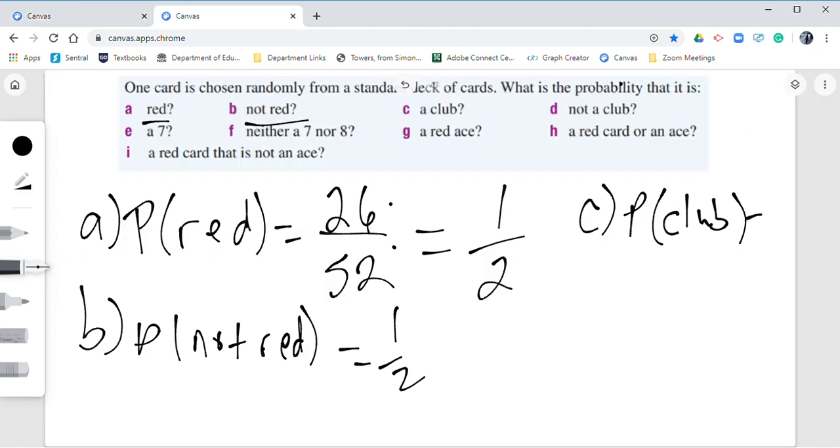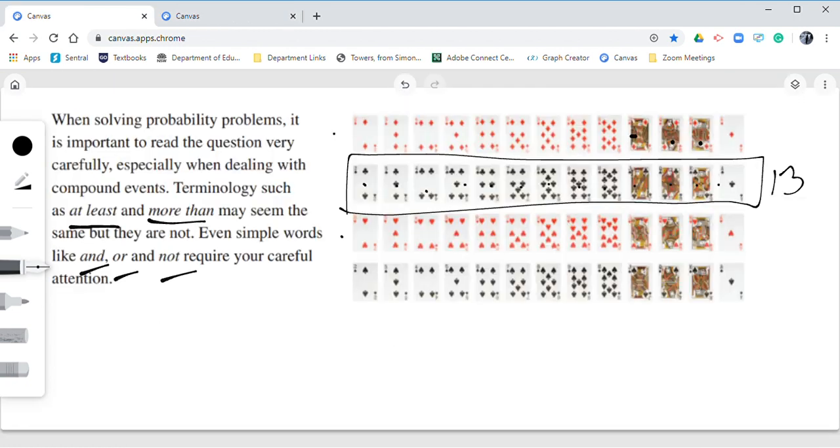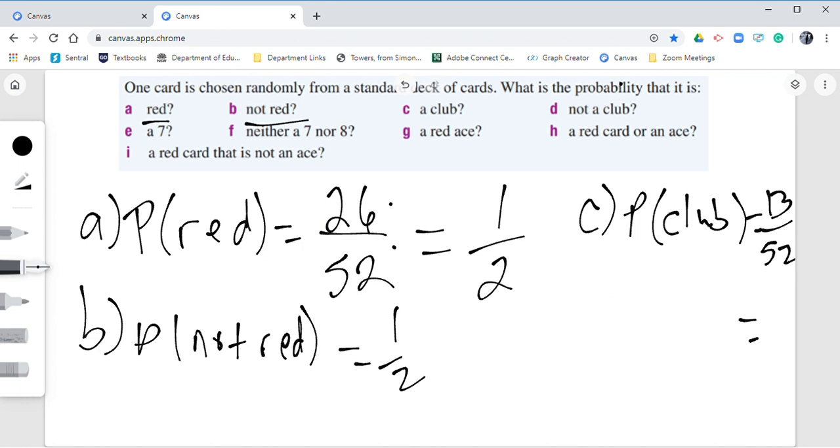So the probability of something being a club is 13 out of 52. But if you look at it visually, you also know that that is 1/4 of the deck. So 1/4 of the whole entire deck is clubs. You've got 4 quarters, and one of those is clubs. If you take 13 divided by 13, it's 1, and if you take 52 divided by 13, it's going to be 4.